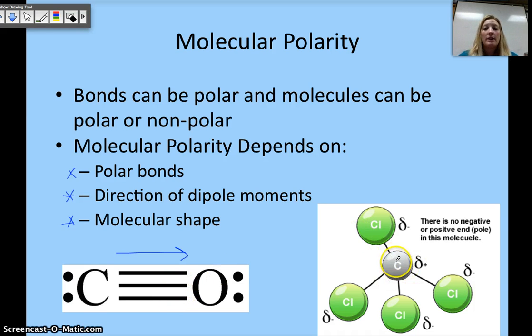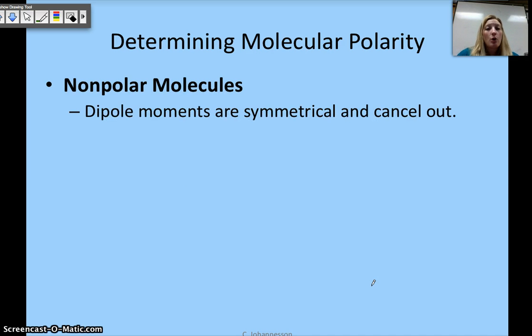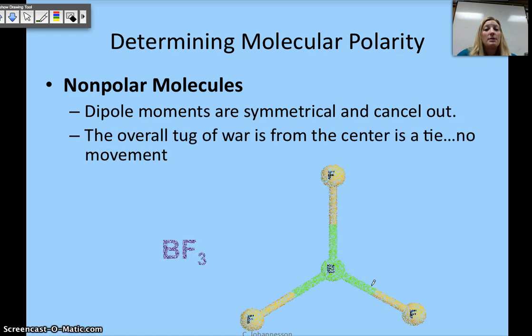But in a molecule like this, all of these electrons are being pulled out, and if we were to look at this molecule in 3D space, it would make one big tug-of-war that just cancels each other out. So nonpolar molecules are symmetrical and they cancel each other out. The overall tug-of-war from the center is a tie.